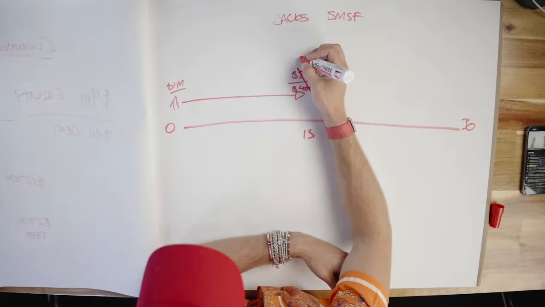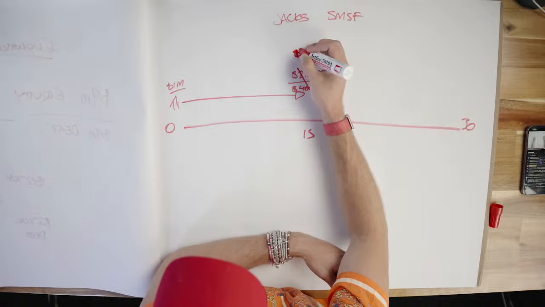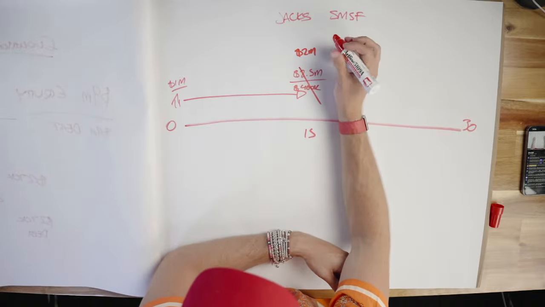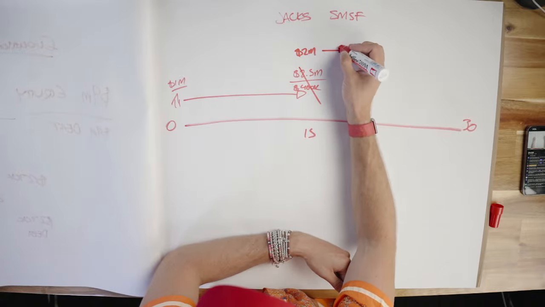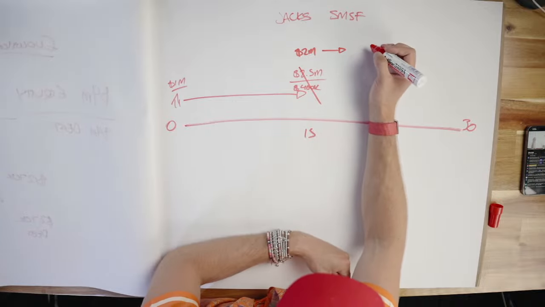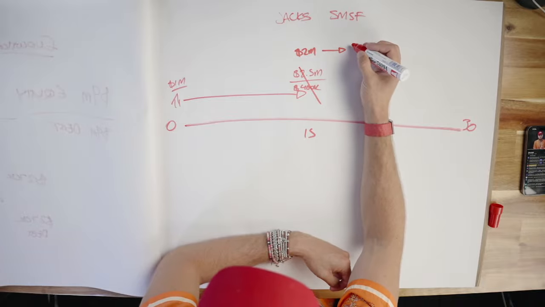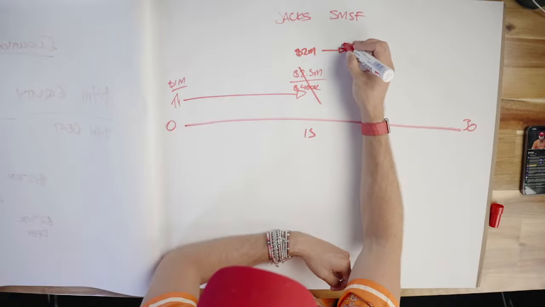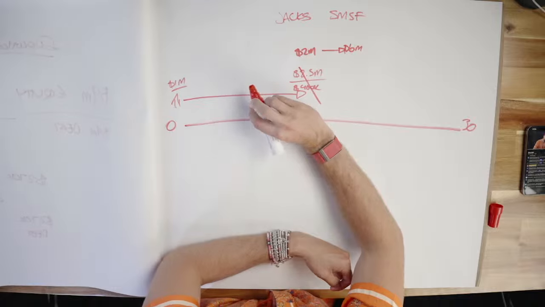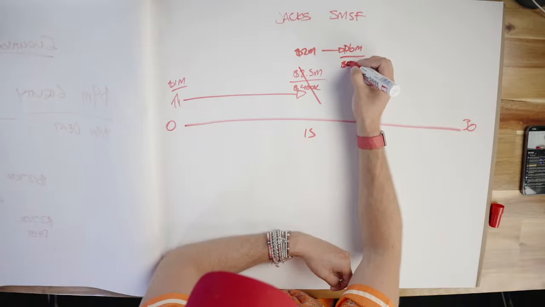If you own a property or any asset for longer than 12 months, you only pay 10% CGT. So what I would do at this point, instead of holding that asset forever, is sell it down. I'd end up with around $2 million after CGT and selling costs. Then I would leverage that $2 million into, let's say, $6 million worth of assets, so I've got $6 million and $4 million worth of debt.